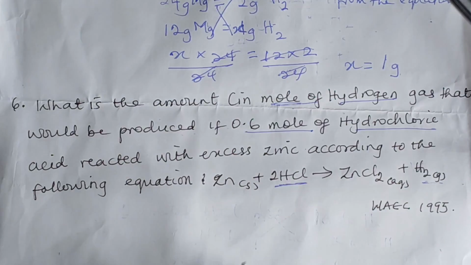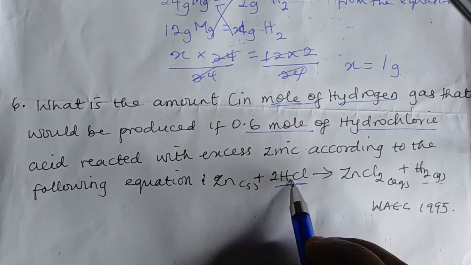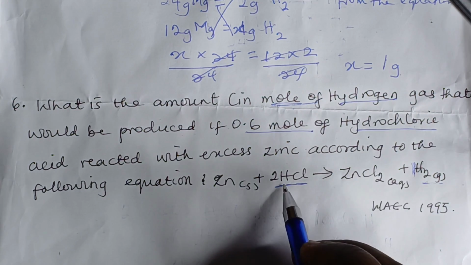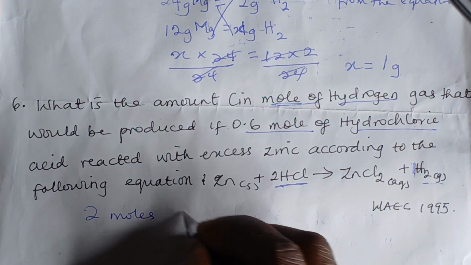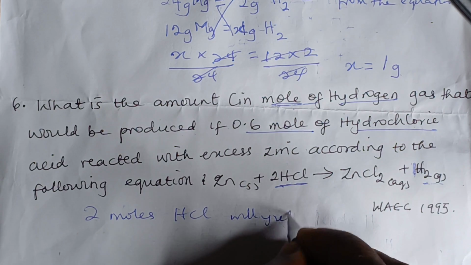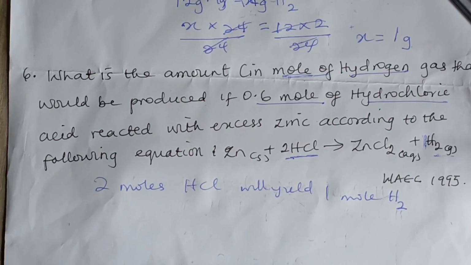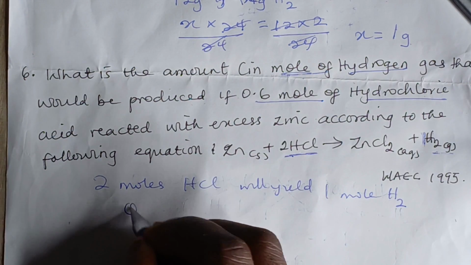But in this case, we are working with mole and mole. So in this equation of reaction, we can see that 1 mole of hydrogen is what we have here, and 2 moles of hydrochloric acid. So 2 moles of hydrochloric acid will yield 1 mole of hydrogen. So the question now is 0.6 mole.